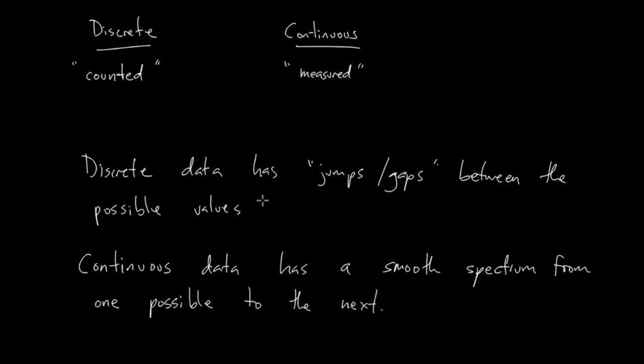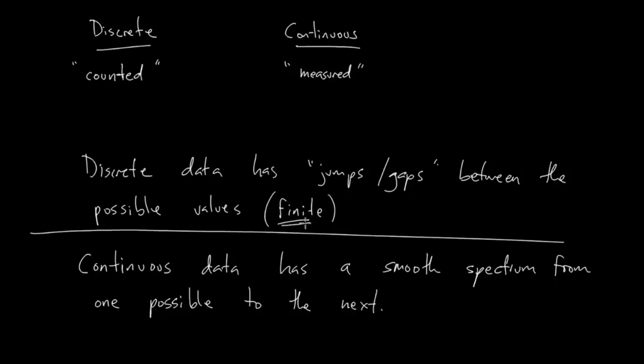One of the ways that they'll describe this in your textbook is to say that with discrete data, you have a finite or a limited number of values, whereas continuous data has an infinite number of values.